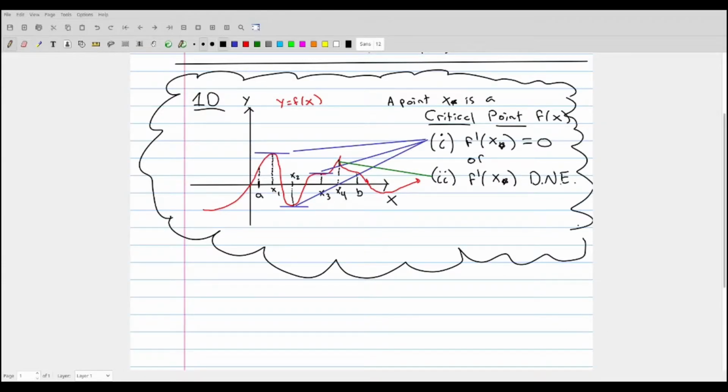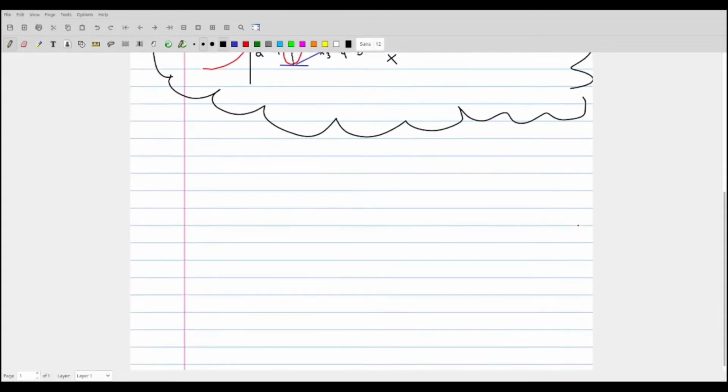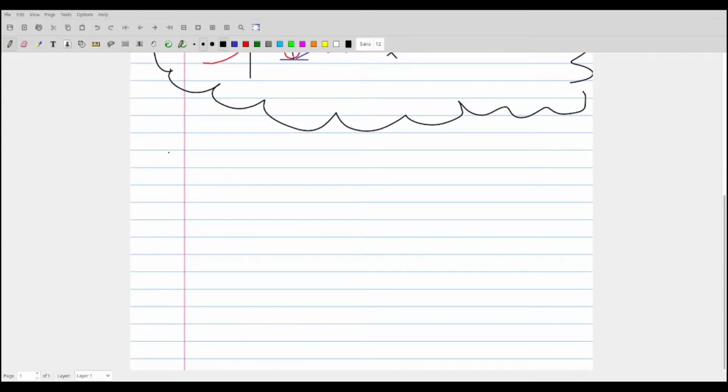The main question that we want to ask ourselves is how to take this, or generalize this classification, to multivariable functions.